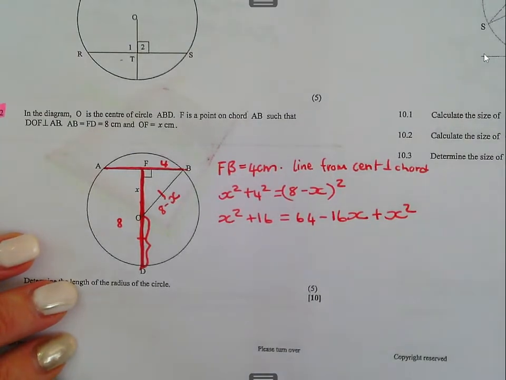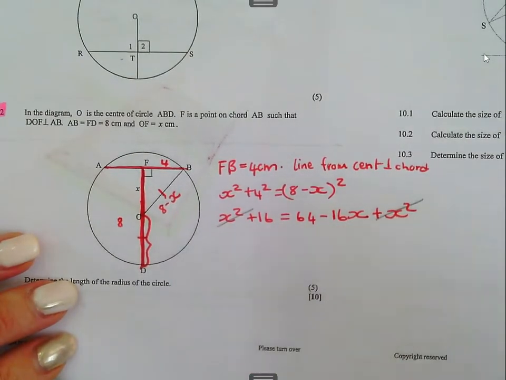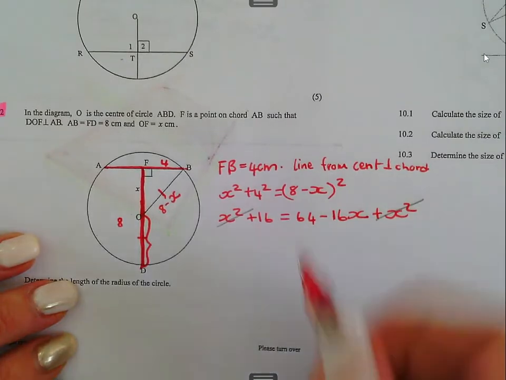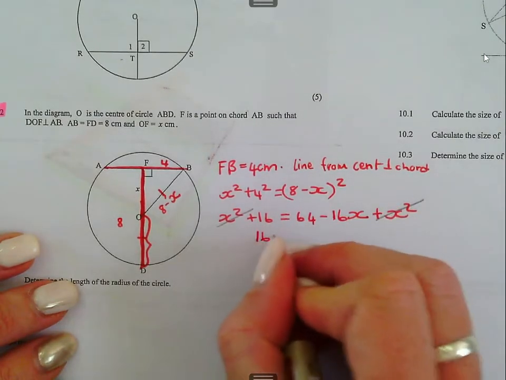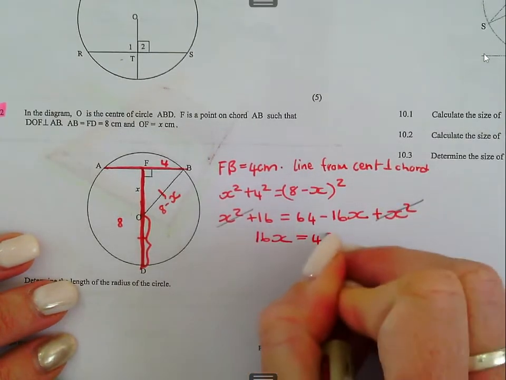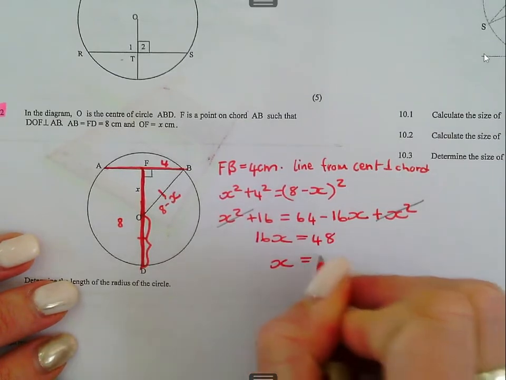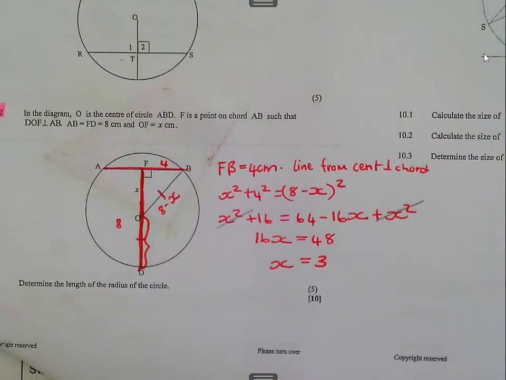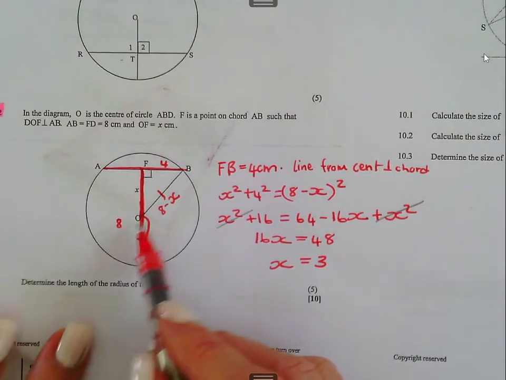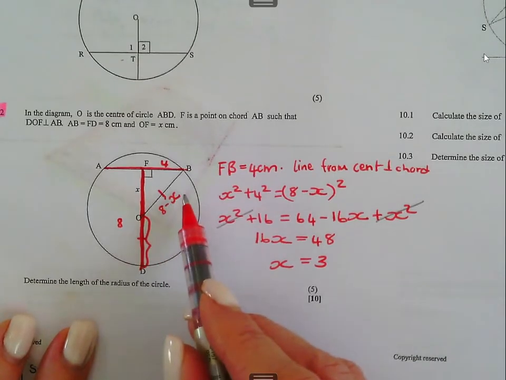Now because I've got the x squared on both sides, they cancel out. I'm going to take the minus 16 this side, 16x equal to 48. Divide both sides by 16 and then x is equal to 3. But they're asking you to find the length of the radius. Now the radius, remember, is 8 minus x.